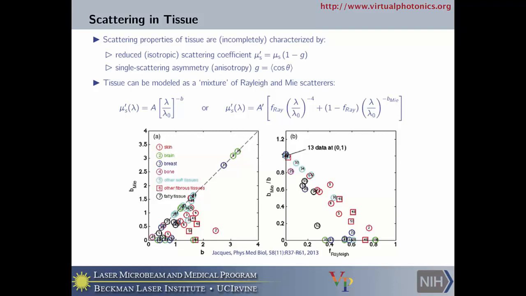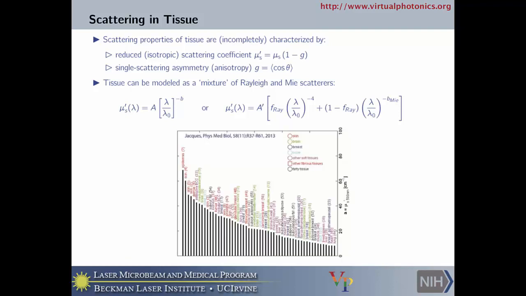So you can stare at these plots a little bit and get an understanding of how the differences in microstructure of these tissues might relate to a mixture of Mie and Rayleigh scatterers. And then the total overall magnitude of scattering is highly diverse with different tissue types. The strongest scattering tissues are typically skin and epidermis.